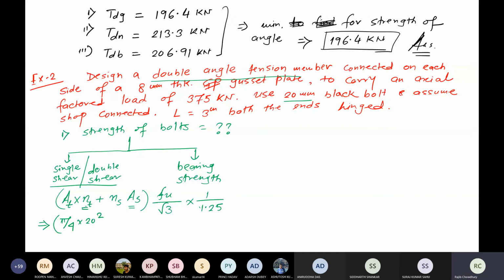This NT I have assumed as 1, plus I am assuming that one plane would be at the shank area and one plane at the threaded area. Previously it was something different, the way we took it into account. So it is up to your choice in the design perspective.